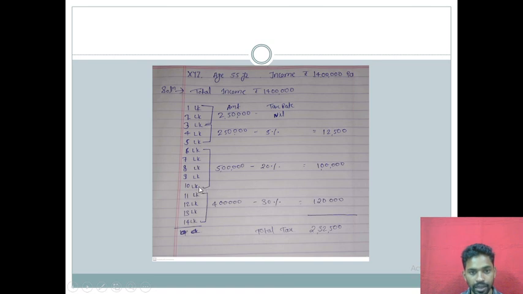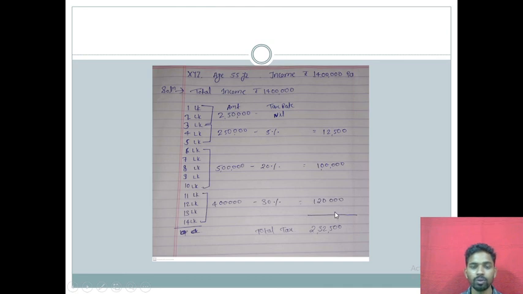And more than 10 lakh, how much amount is there after 10 lakh? 11, 12, 13, 14, so the total is 4 lakh. On this 4 lakh we calculate 30%, which means 1,20,000.